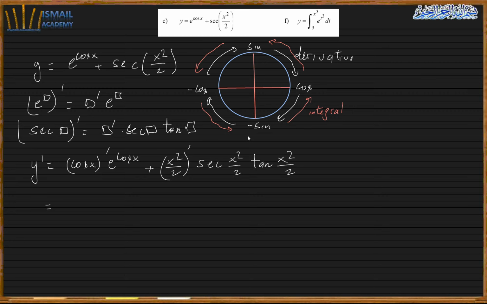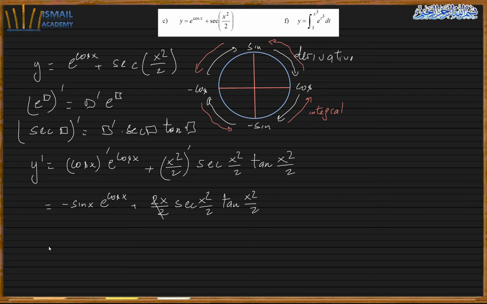So that's the idea. Here, the derivative of cosine is negative sine, so it's going to be minus sine of x times e to the cosine of x, and here will be 2x over 2 times secant of x squared over 2 times tangent of x squared over 2.